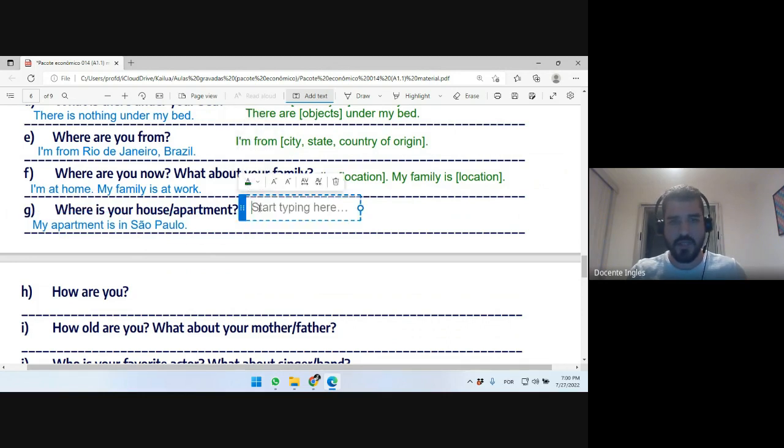So in this case, the structure is my house or my apartment is. And there are three possibilities. At, with the complete address.